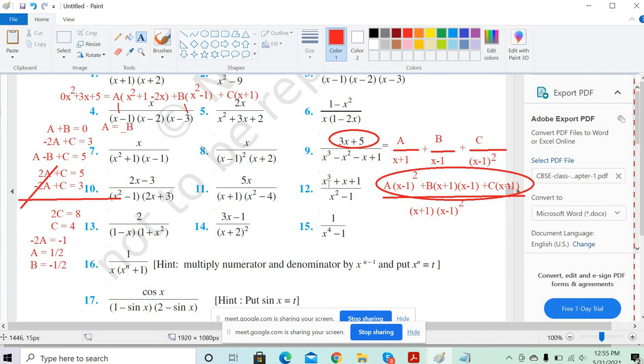Now it's easy. Just put the value and take the logs. A and B you can take log easily, and for x minus 1 whole square you can just apply the formula x power n integrates to x power n plus 1 by n plus 1. Done, clear?